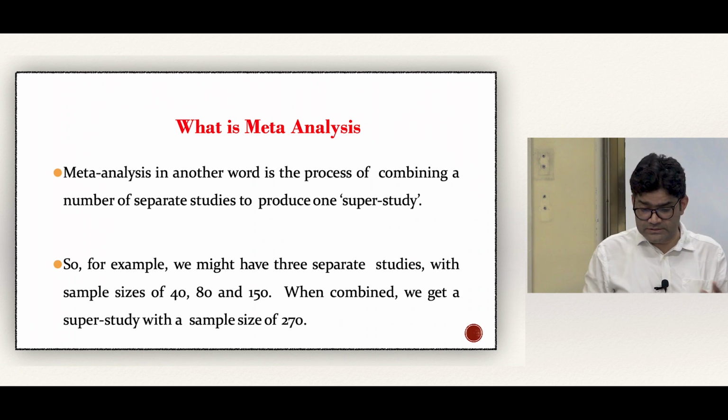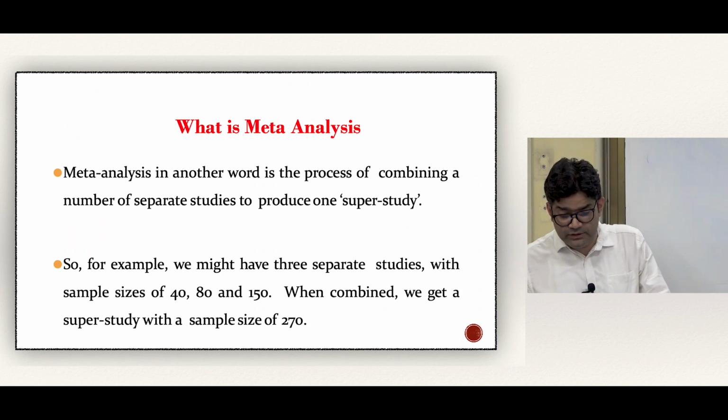What is meta-analysis? Meta-analysis, in other words, is a process of combining a number of separate studies to produce one super study. Okay. For example, we might have 3 separate studies with sample sizes of 40, 80, and 150. Then in combination, we can perform a meta-analysis and have a sample size of 270 to reach a conclusive decision.